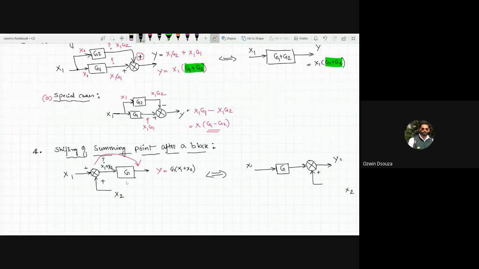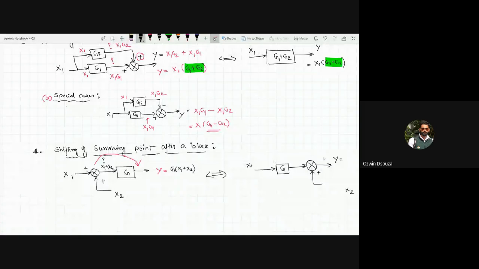This move is called shifting the summing point after a block. Now, if I simply shift the summing point, will it affect the system? That is what you are supposed to see. Whatever you do, you should see to it that before or after the movement of the summing point, the output signal remains the same. Now we have moved the summing point behind block G, due to which the summing point has come and occupied this particular location.